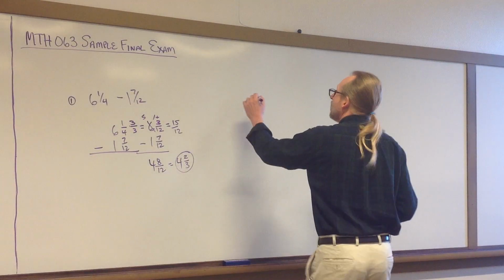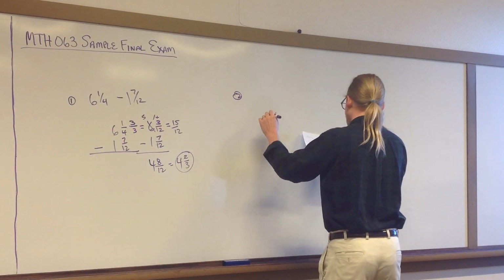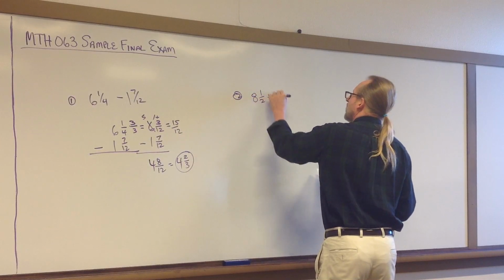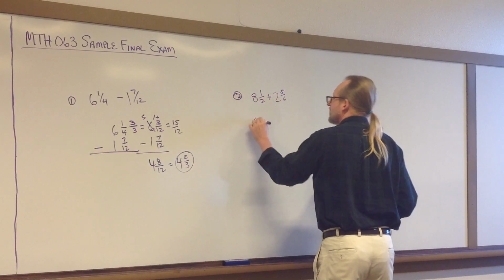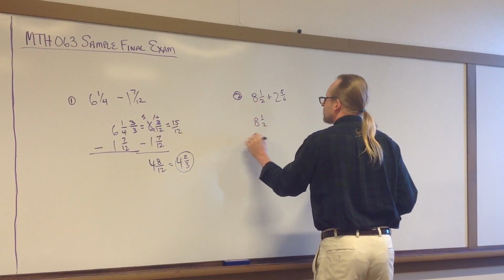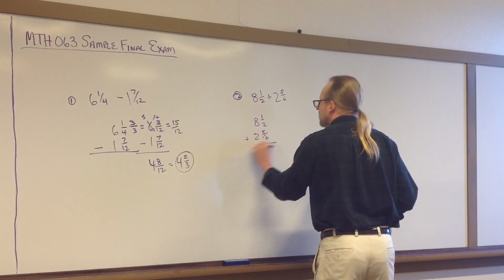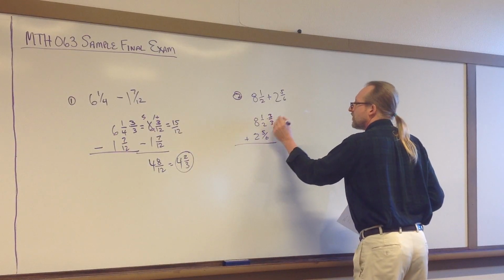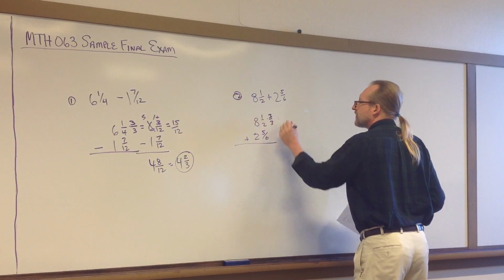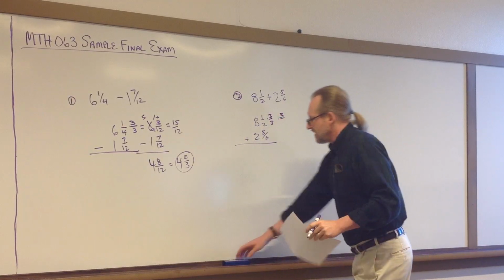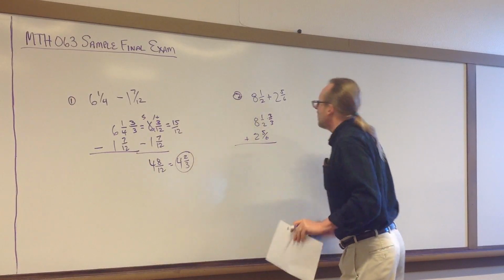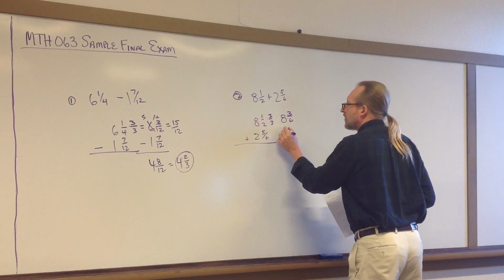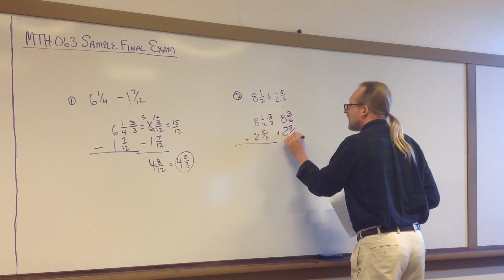Problem 2. We've got 8 1/2 plus 2 5/6. Again, the first thing I'm going to do here is make a common denominator. I can just turn this into sixths by multiplying by 3/3. So that'll be 8 3/6 plus 2 5/6.